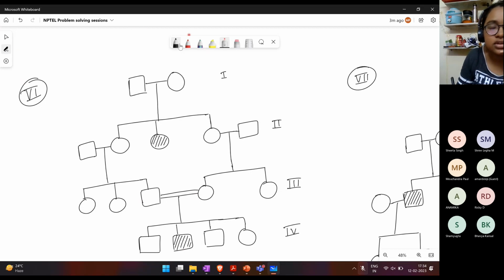So a feature of this pedigree is this consanguineous mating, and either of the sexes is affected. The skipping is there. So I feel like this is autosomal recessive inheritance. What about you guys? Are you able to draw the same conclusion, or is your conclusion different?